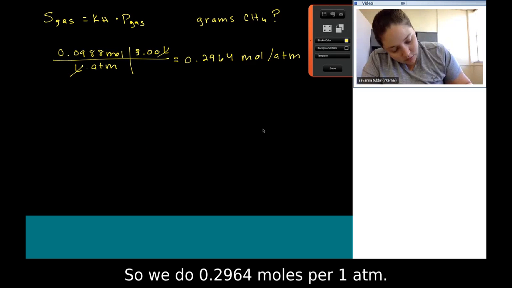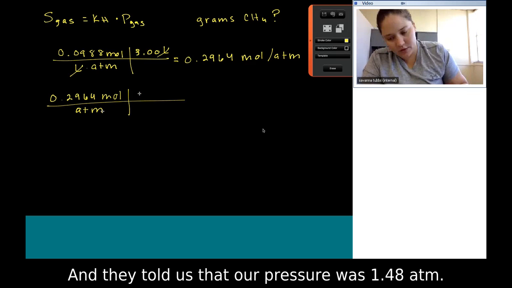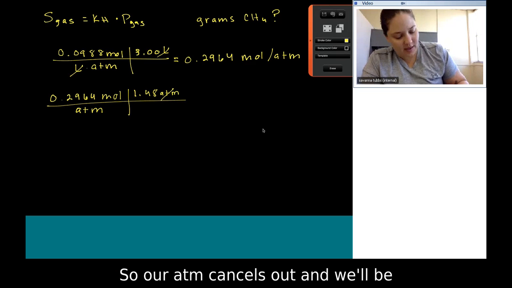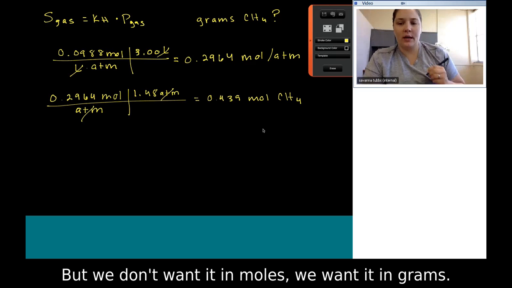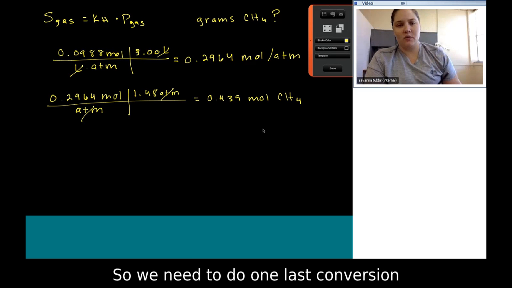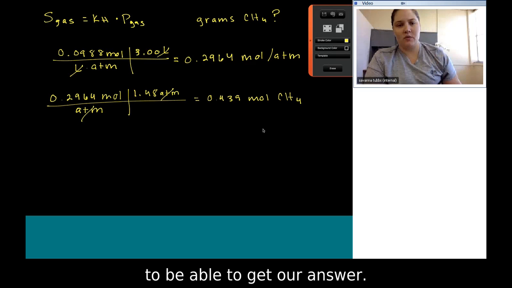So we do 0.2964 moles for 1 ATM. And they told us that our pressure was 1.48 ATM. So our ATM cancels out, and we'll be left with 0.439 moles of CH4. But we don't want it in moles, we want it in grams. So we need to do one last conversion to get our answer.